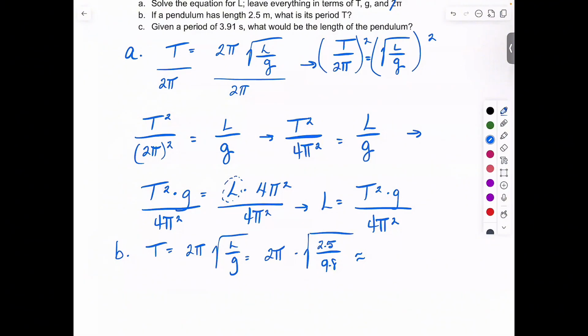That's typical of Algebra 2. So 2 times pi gives you 6.28 and so on. Then we'll square root the 2.5 divided by 9.8. So I have the 2 pi, and I'm going to multiply it by the fraction that has a square root. Ultimately, I get 0.505.